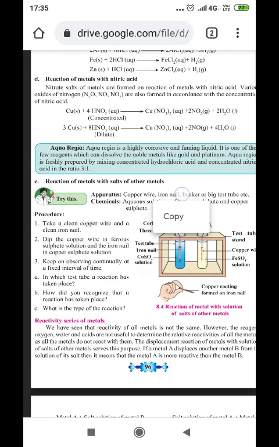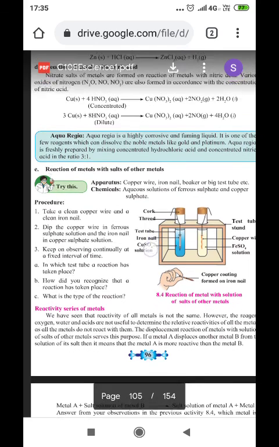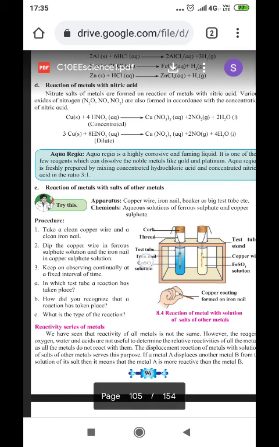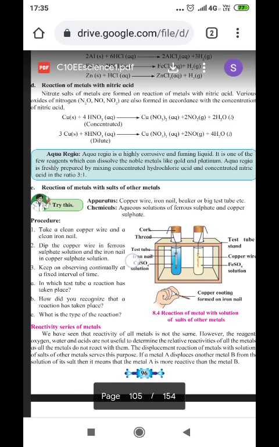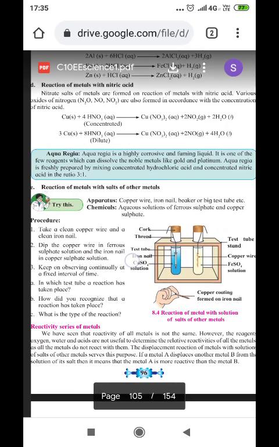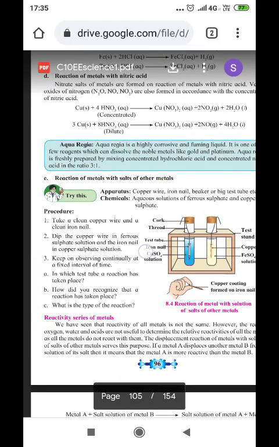The reaction of metals with nitric acid. Nitrate salts are formed on reaction of metals with nitric acid. Various oxides of nitrogen like N2O, NO, and NO2 are also formed in accordance with the concentration of nitric acid.